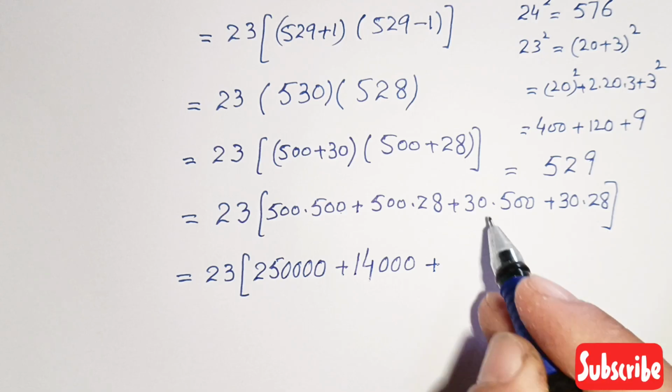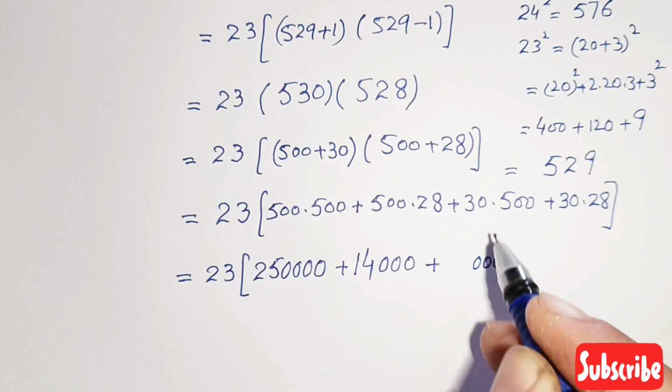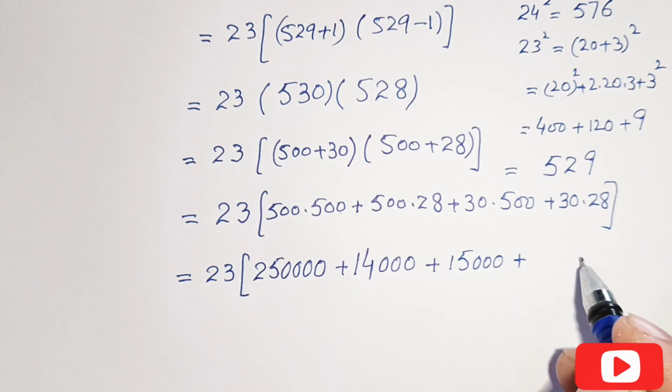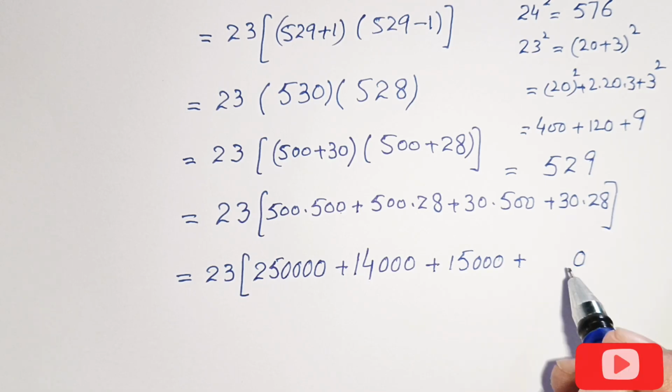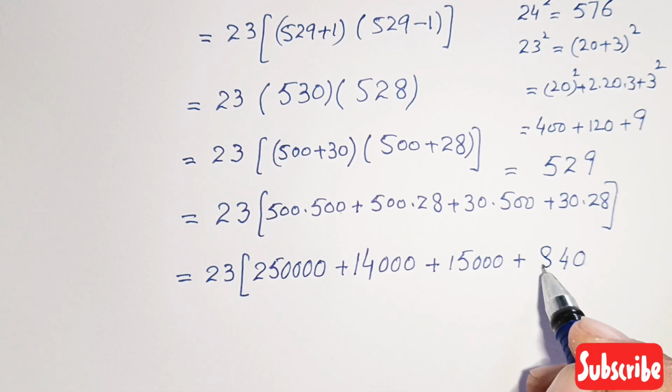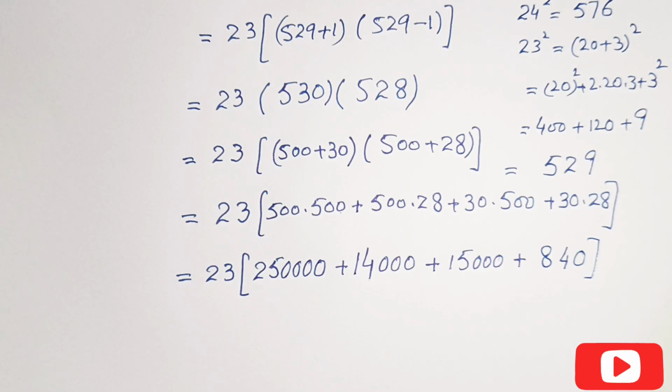Similarly, for 30 times 500 we have 3 zeros, we write 5 times 3 is 15, so we have 15,000, and plus here we have 30 times 28: 8 times 3 is 24, so we get 4 and carry 2, 3 times 2 is 6 and 2 is 8, so 840.